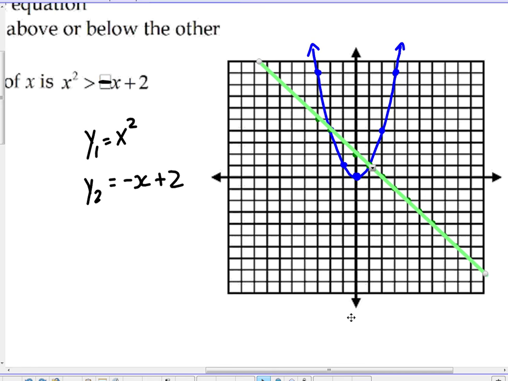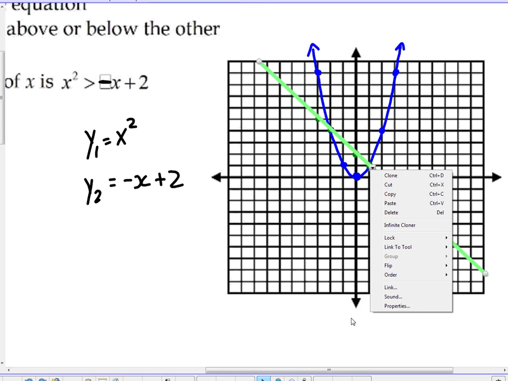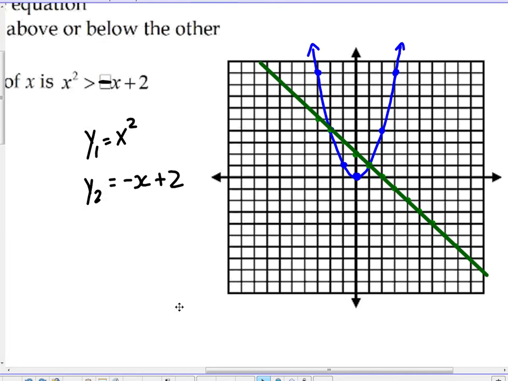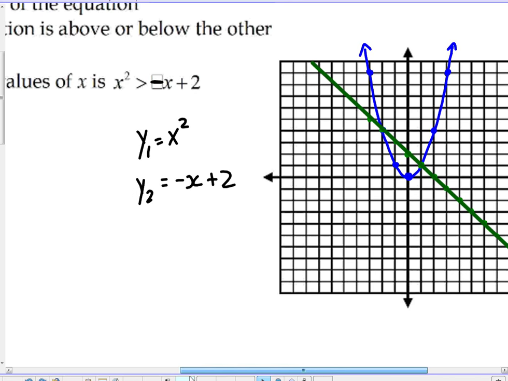Okay, so where is our solution going to be? Someone explain to me what we're looking for here. When is what above what? Or when is what greater than what? When is x squared, or the parabola, above our line, negative x plus 2?